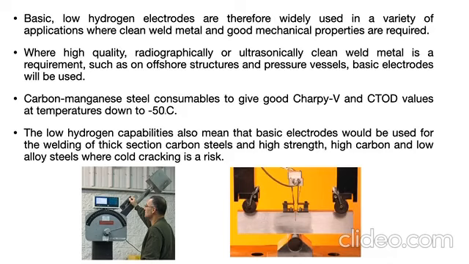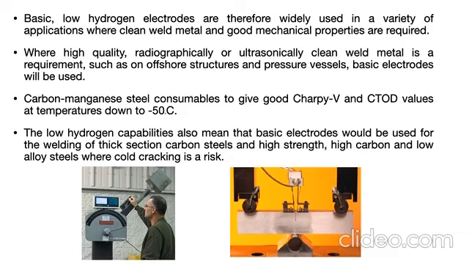CTOD means crack tip opening displacement testing. These are basically tested for very high thickness, and the figure shown to the right is a CTOD test. These are basically done for high thickness, not below around 45 mm thick.